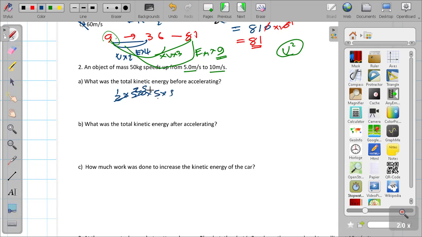Twenty-five by 5 is 125. 125 by 5 is 625 joule. What is the total kinetic energy after acceleration?